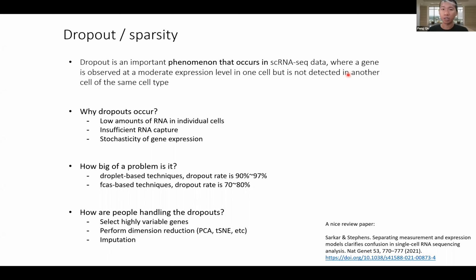And I think in many people's opinion, this is a technical artifact, right? Oh, and one question is, how do we understand the word moderate? So there actually are gene markers, cell type specific genes that are really, really highly expressed. For example, there is a gene that's called FCGR something, which is a monocyte marker.